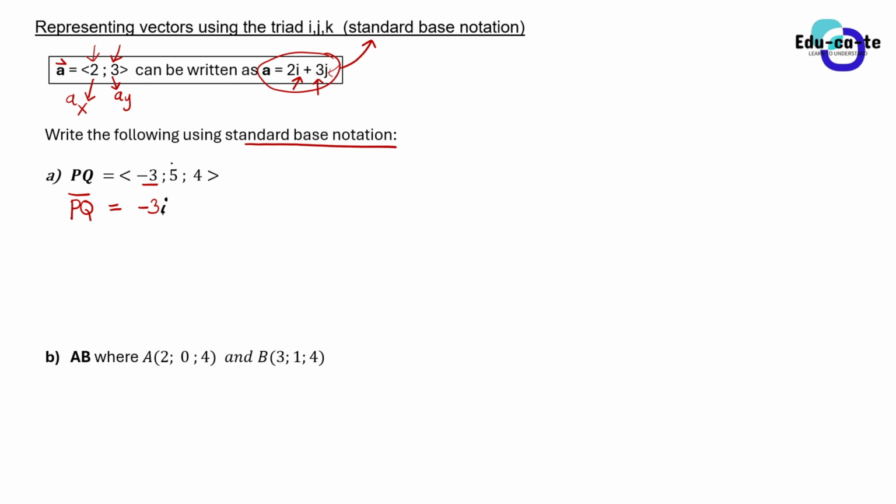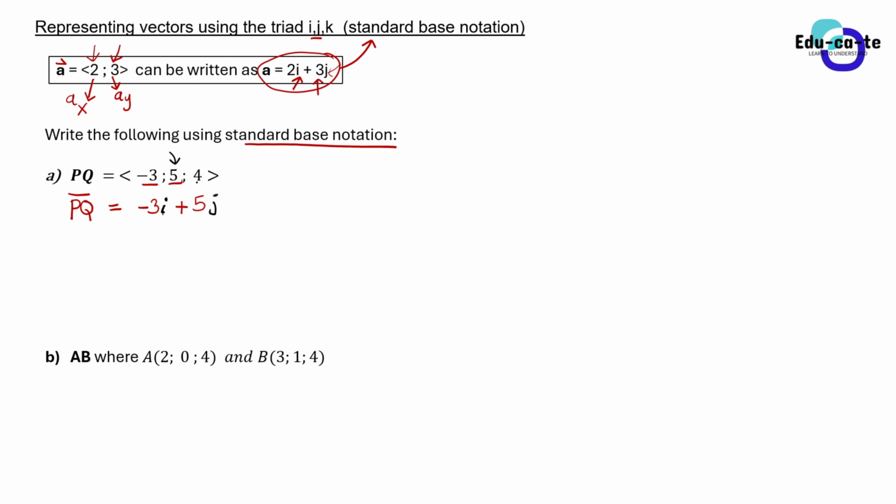And then you have got the y component, 5. The y component is positive, so I'm going to write positive 5, and since this is a y component, we use the unit vector j to represent it.